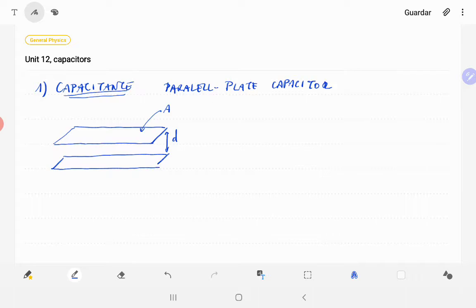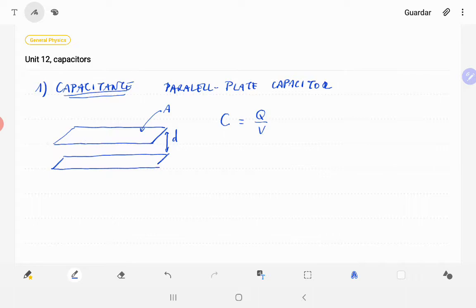Our objective is to derive what the capacitance of this parallel plate capacitor is. We're going to denote the capacitance by C. And this we know is the relationship between the total charge in the capacitor and the potential difference.